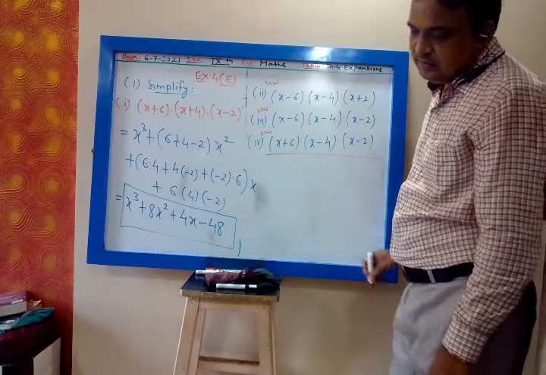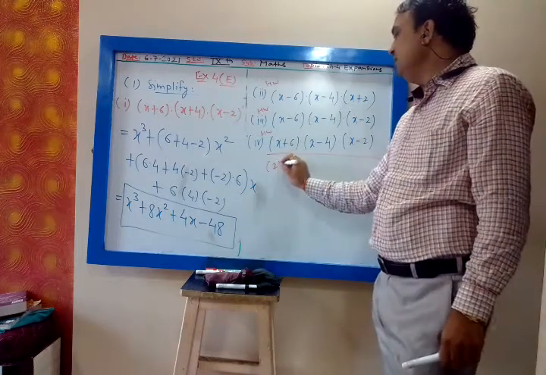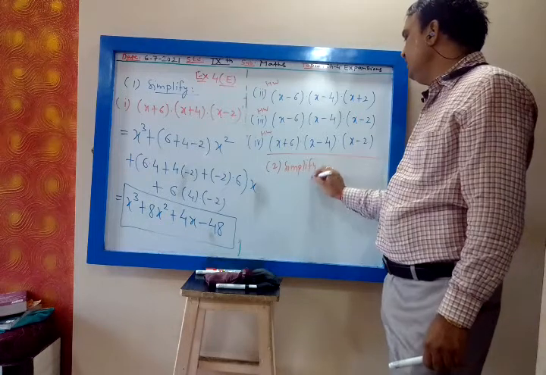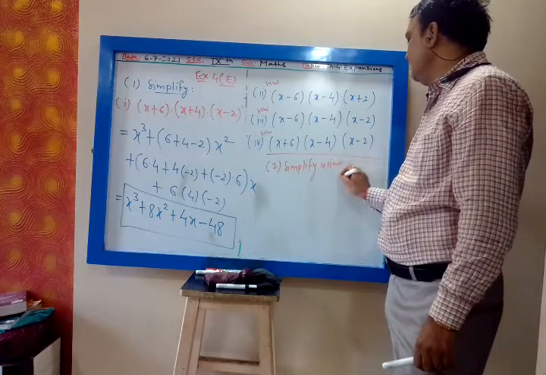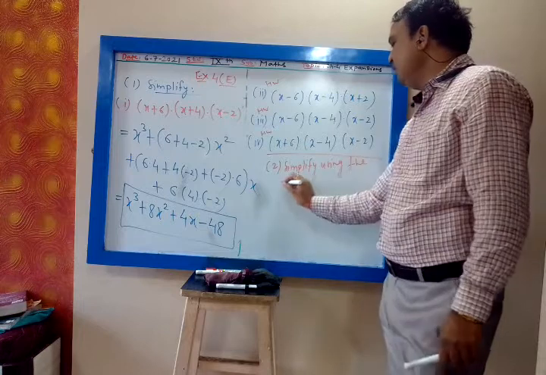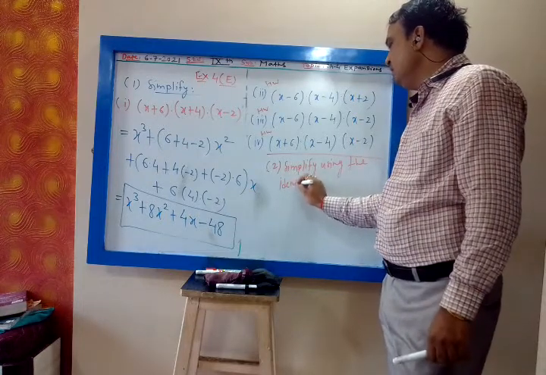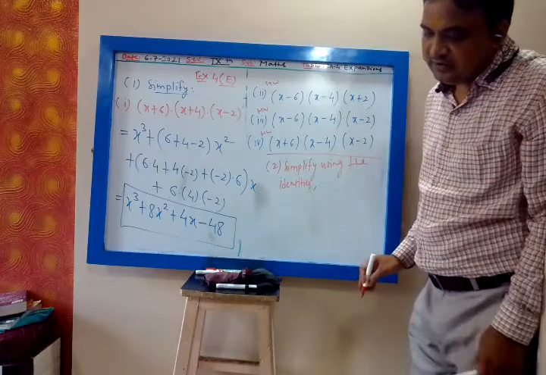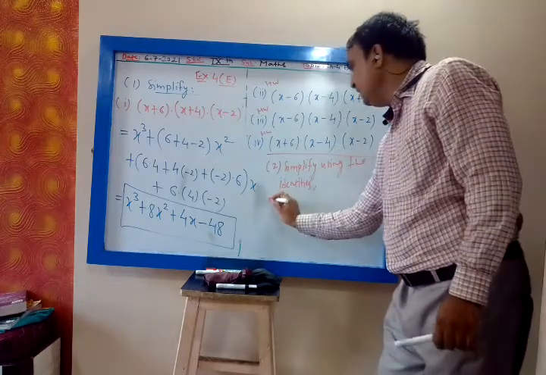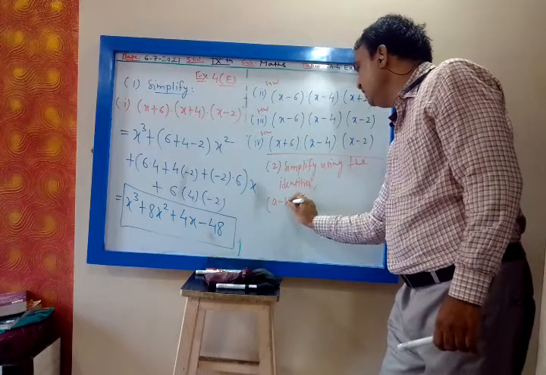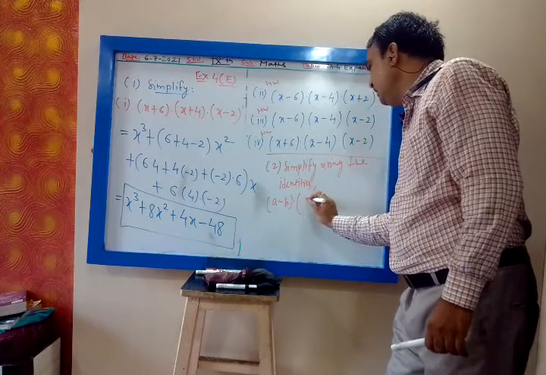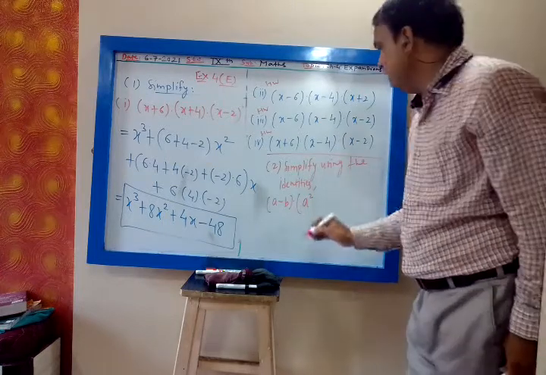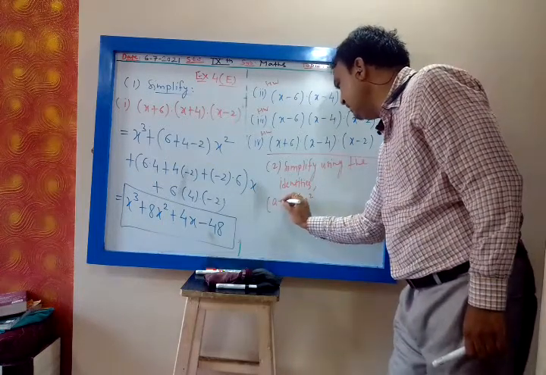Now second is simplify using the identities. What are the identities? The formula is a minus b into a square plus ab plus b square, both signs are given together.